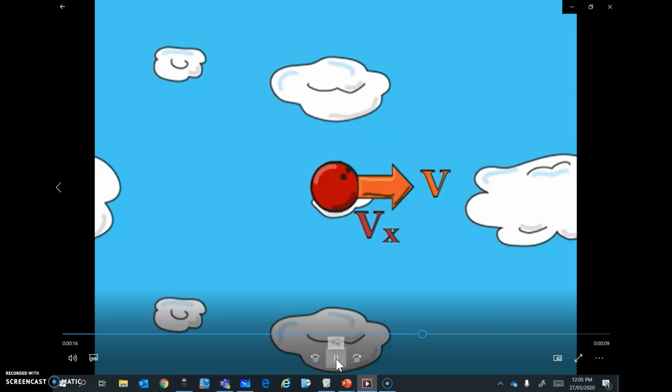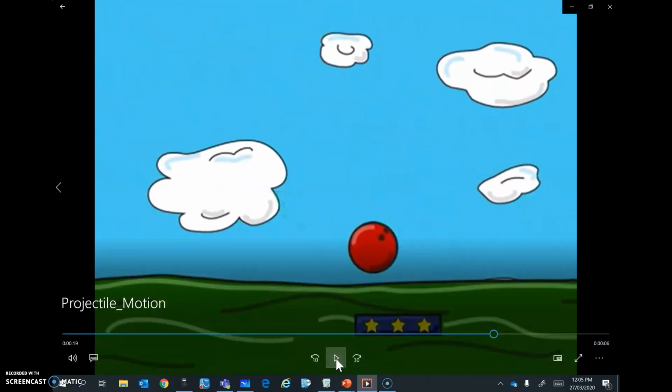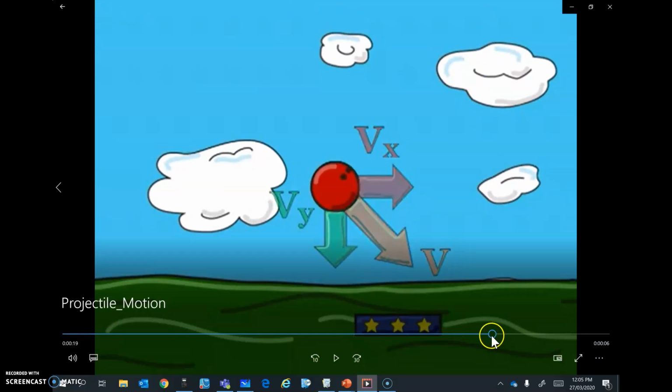So watch this. So vertical velocity increasing, and by the end the ball is going in this diagonal direction, and we can sort of take those arrows top to tail, those horizontal and vertical arrows, which will result in this velocity.